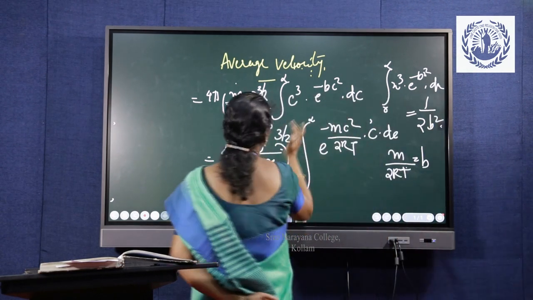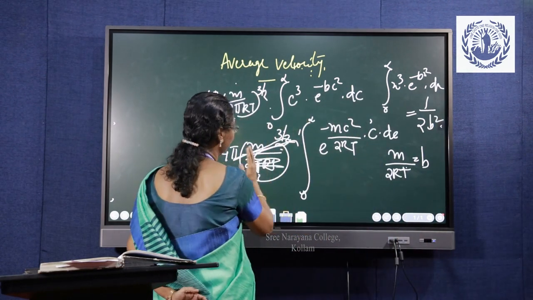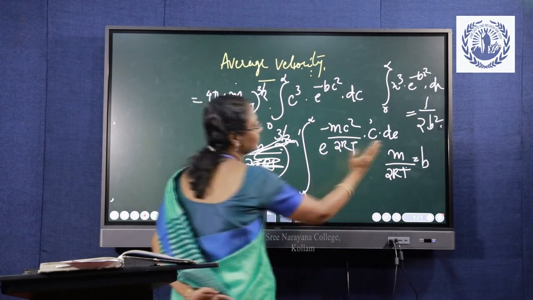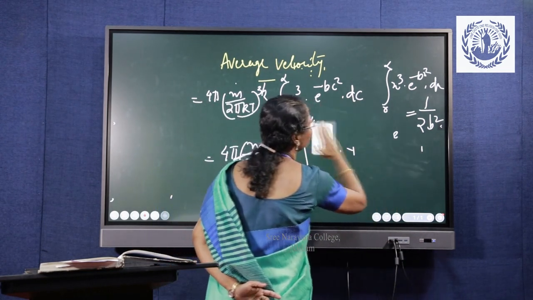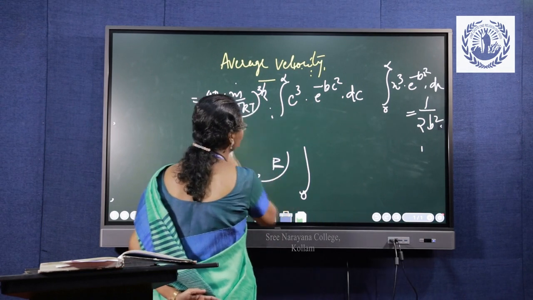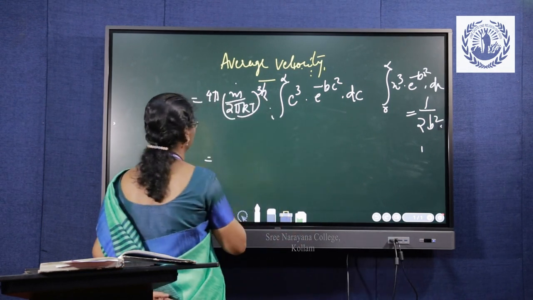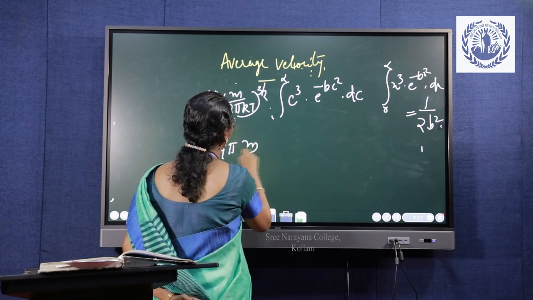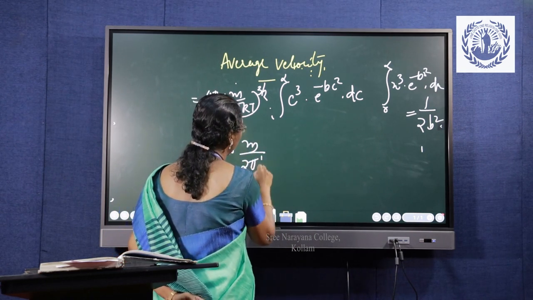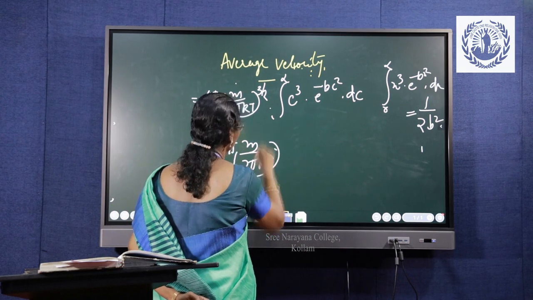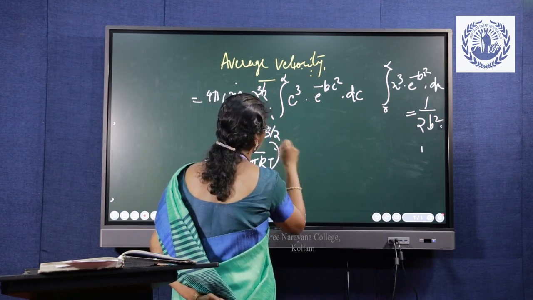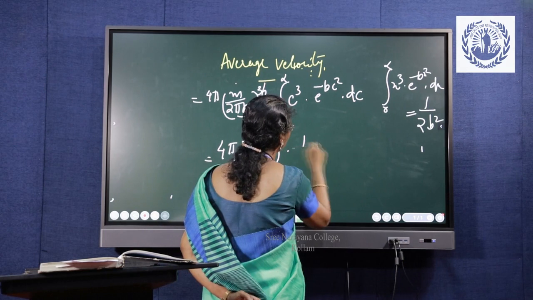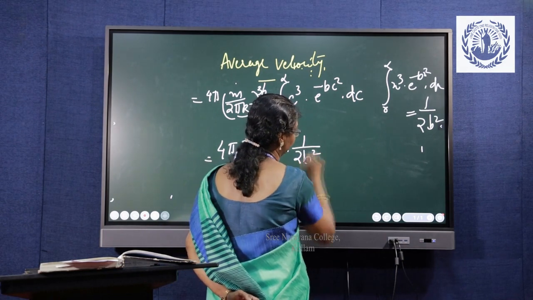So substituting this in the above equation, we can write 4 pi into (m by 2 pi RT) raised to 3 by 2 into 1 by 2b square.